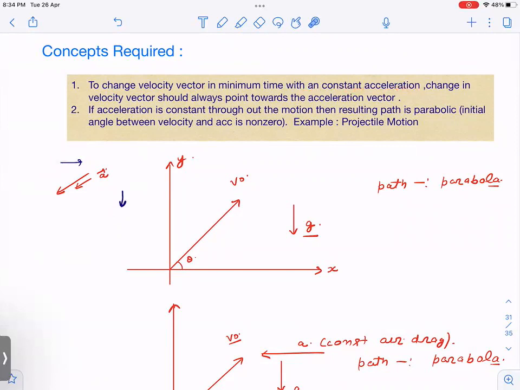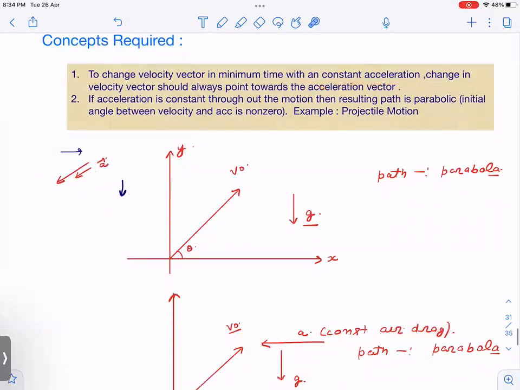When you're taking a turn, the maximum acceleration comes from the maximum friction force mu mg divided by m, so mu g. That is the maximum acceleration, right? So you can always move such that you get maximum acceleration, which is constant. Change in velocity vector should always point towards the acceleration vector, right? So this we will understand very carefully.